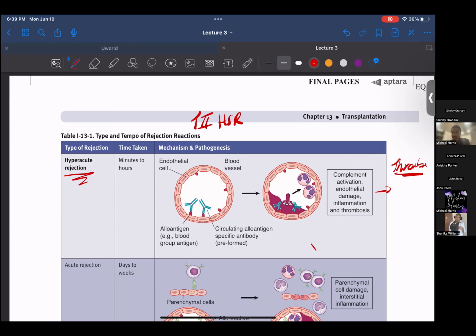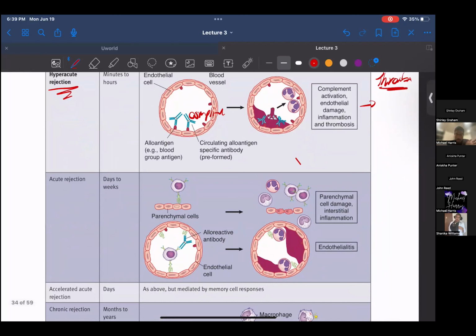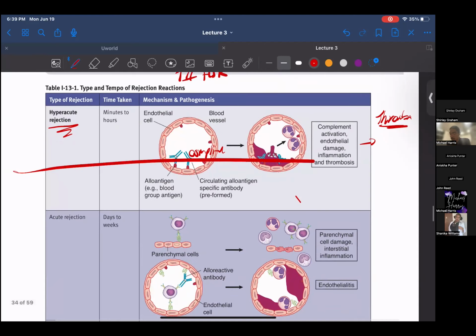And when they bind to the vessel wall, you got to think you have complement here that can bind. And that leads to massive thrombosis. Okay, good. So that's hyperacute. Now, the next one is acute. So after you get the ABO blood typing matched and it's perfect, then it's not so much hyperacute. Hyperacute is off the table now. This is ABO blood typing.